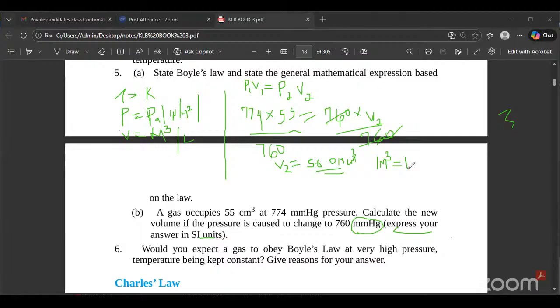I want to show you how it is done so that if you get lost anywhere, you can still solve it. 1 meter cubed means 1 meter multiplied by another meter, multiplied by another meter. Now remember, 1 meter is equivalent to 100 centimeters.